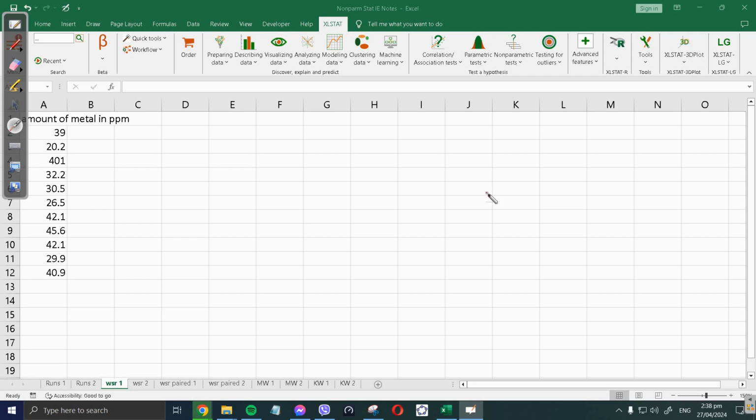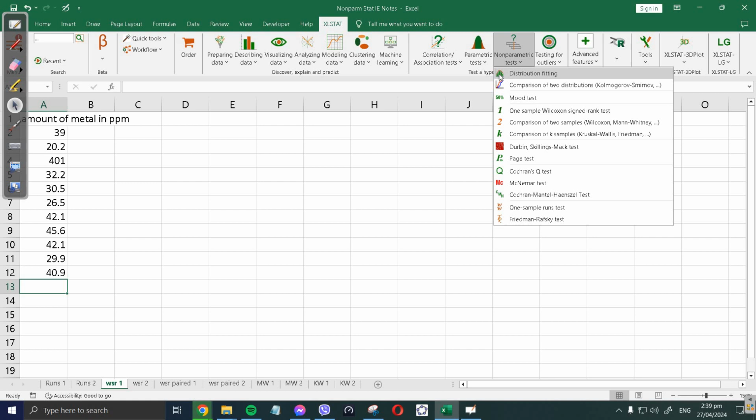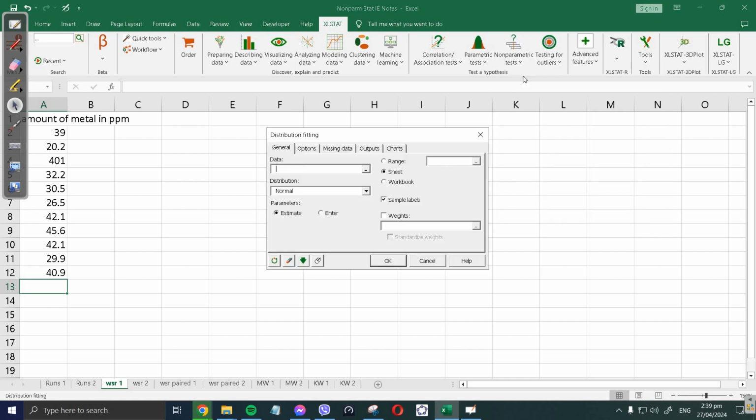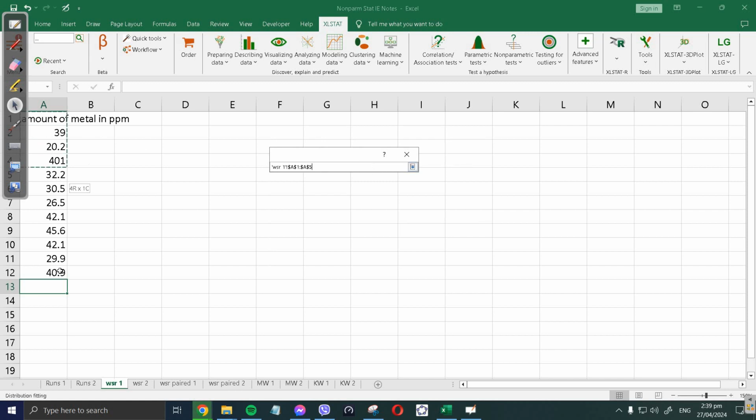Now, what we're going to do is test whether this data set, the amount of metal in parts per million, came from a normally distributed population or not. So how do we do this? We go to non-parametric tests and do distribution fitting. Here we select our data just like we did in parametric before.